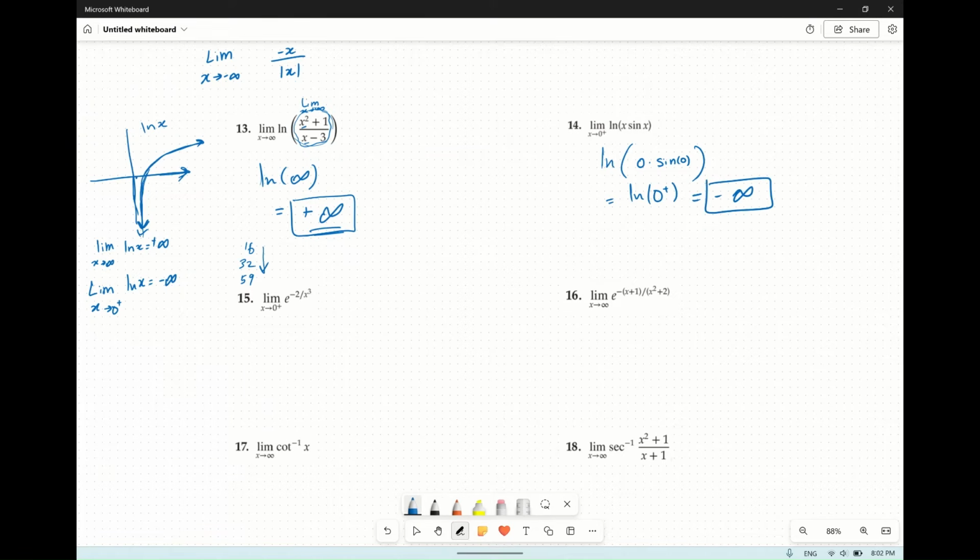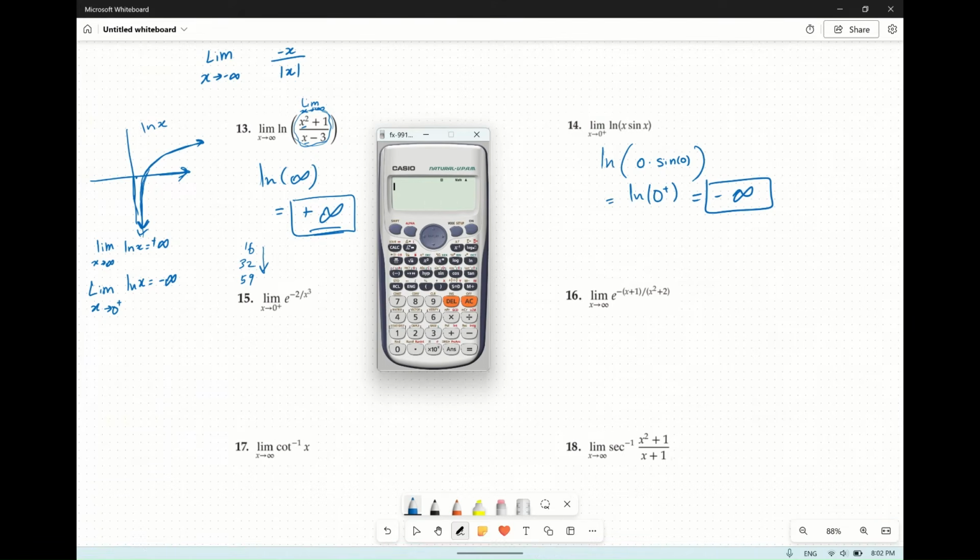Again, how could I have done this using my calculator? I will write the function ln of x sine x, close bracket, calculate. Now 0 from the right means 0.0001. Let's see what we get. First one, we got negative 32. Again, I put calculate and I make the number even closer. Sorry, here there should be no negative because it is 0 from the right.